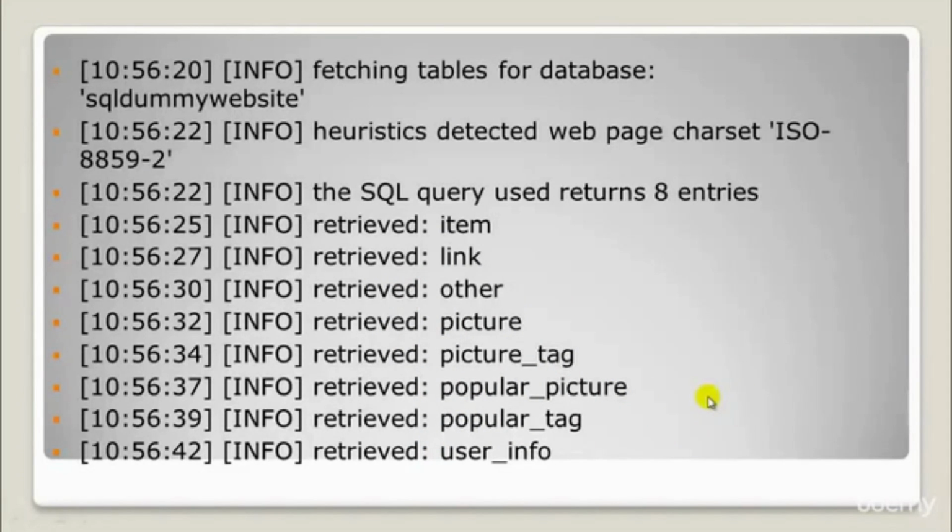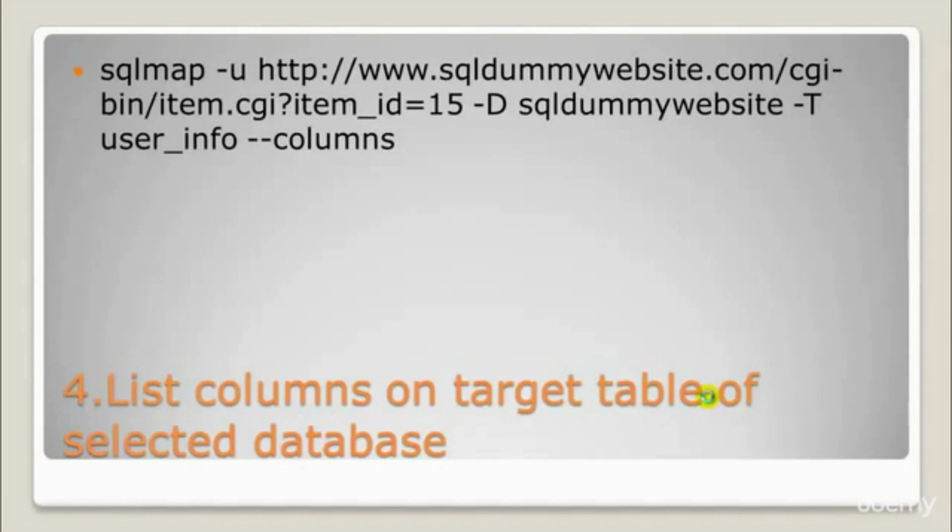And of course, we want to check what's inside the user_info table using sqlmap injection, as that table probably contains usernames and passwords. Now coming to step 4, we need to list all the columns on the target table user_info of the sqldummywebsite database using sqlmap SQL injection.